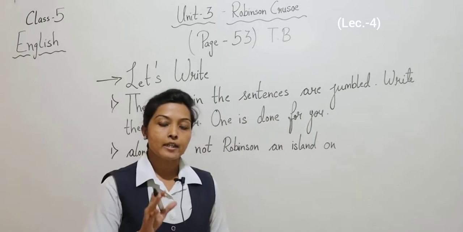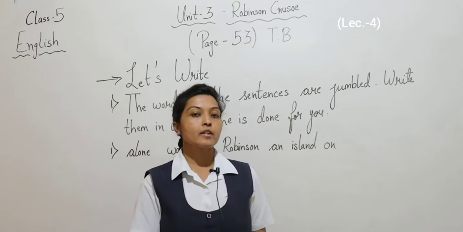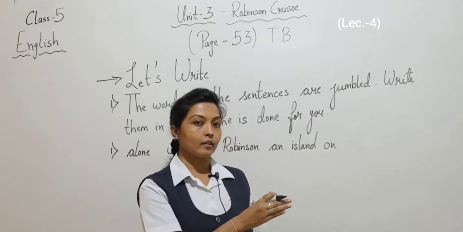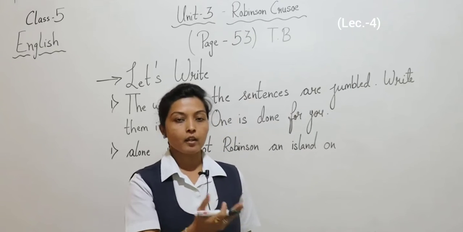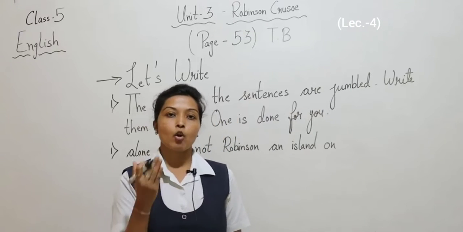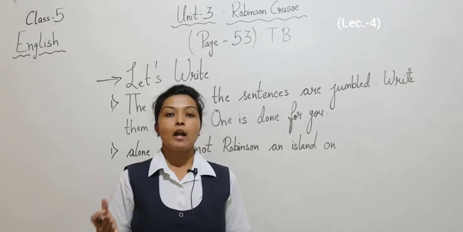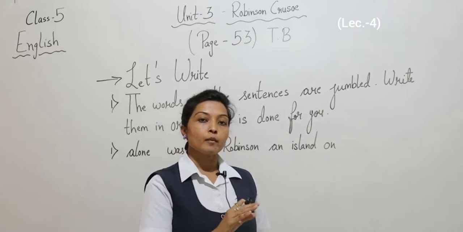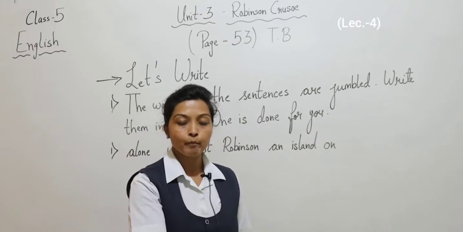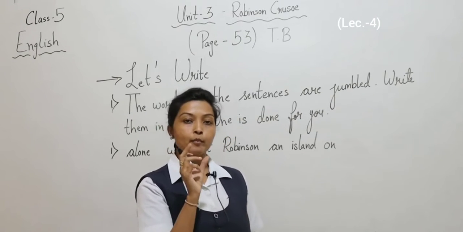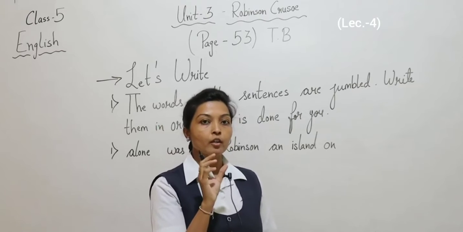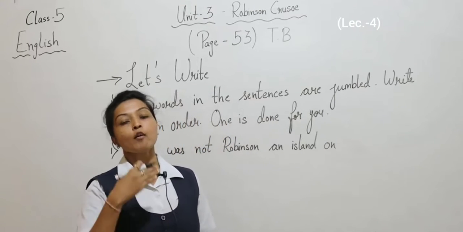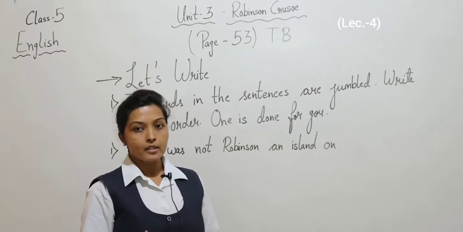Whenever we write a sentence, first of all, if there is any article given, then we start from that article, then the subject, then if there is any auxiliary verb like has, was, is, then after that we use the main verb, that is the main action of the given sentence, and then the object of the sentence.